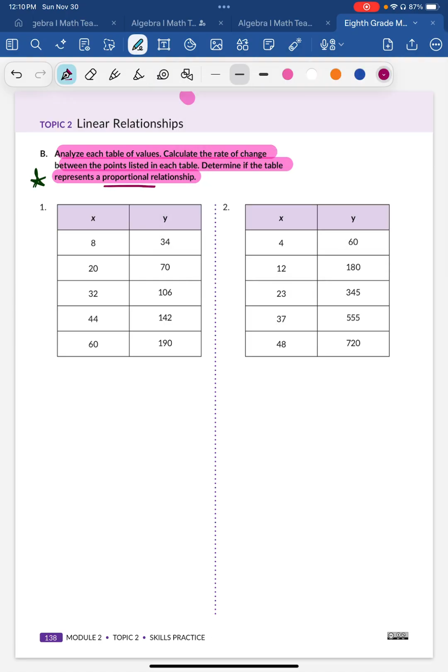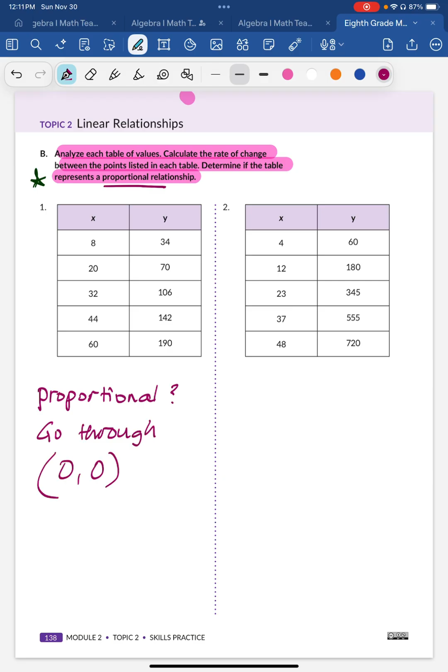It says proportional right there. So is it a proportional relationship? Well, if it's proportional, it has to go through the origin, (0, 0). So let's use Desmos to figure this out. First, let's do it by hand, and then I'll show you on Desmos.